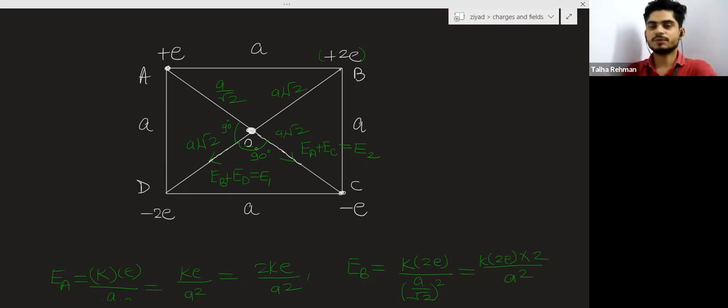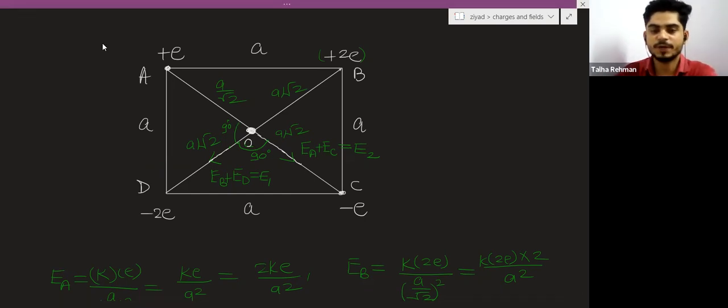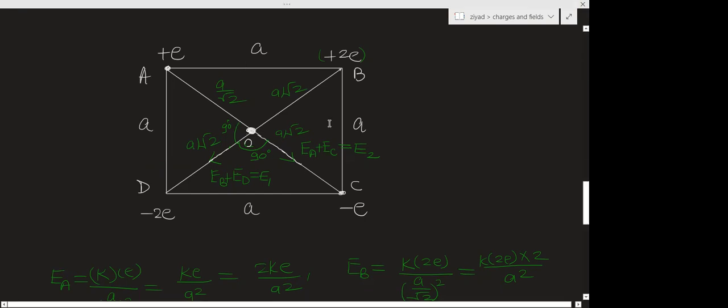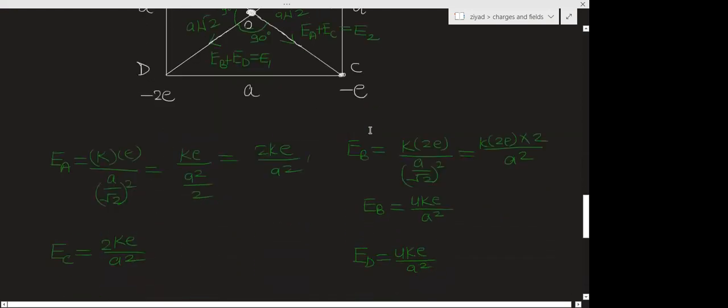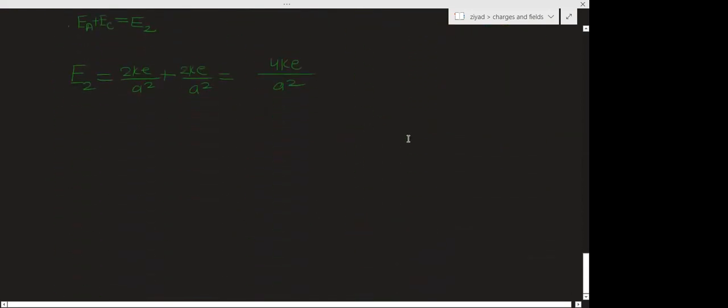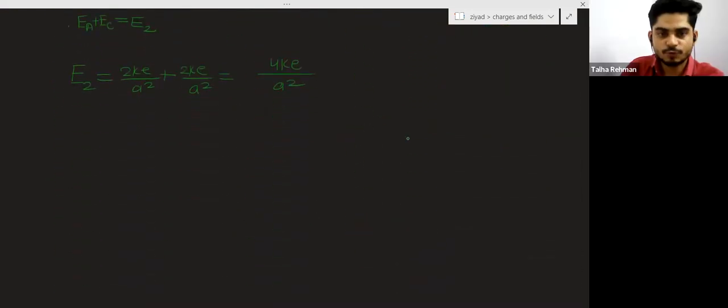We already know this. This is the property of a square. So we have two vectors, E1 and E2, at 90 degrees.